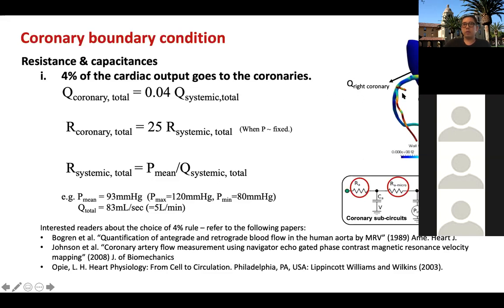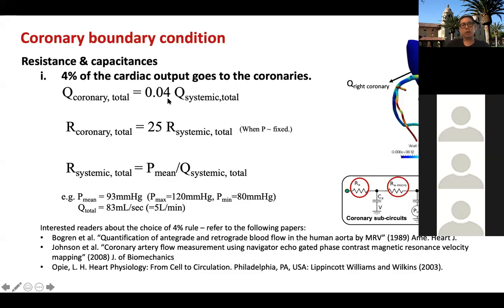The 4% is not a golden rule, so it does not apply to everybody. There might be patient specificity, inter-patient and intra-patient variabilities, but this 4% is a reasonable assumption that we can apply to our modeling study.